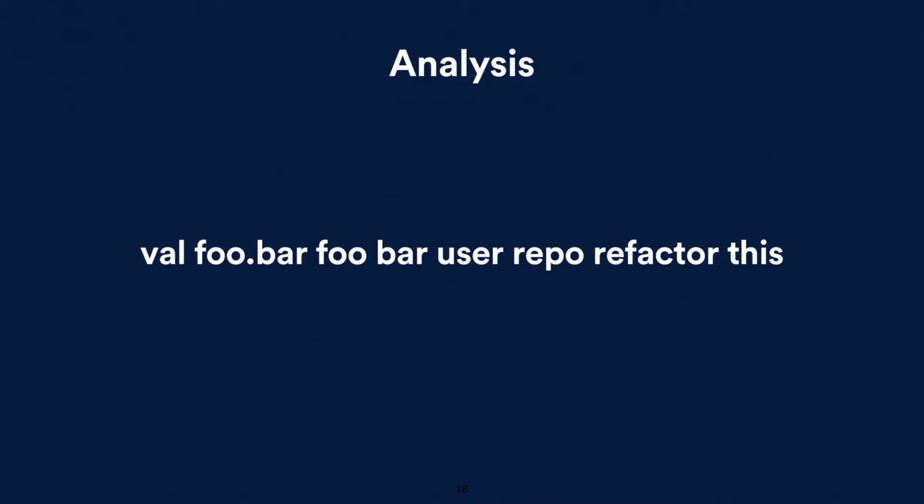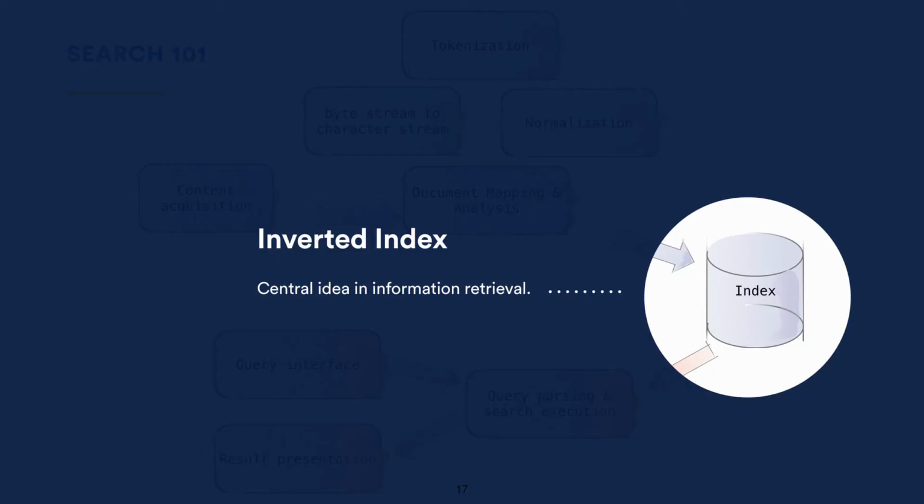Ultimately, this is all a trade-off between retaining characters to improve search precision on the one hand, and on the other hand, not unnecessarily bloating the index size, because that also impacts search performance. And the next step, all those terms or tokens get inserted into what is called an inverted index or an inverted index file.